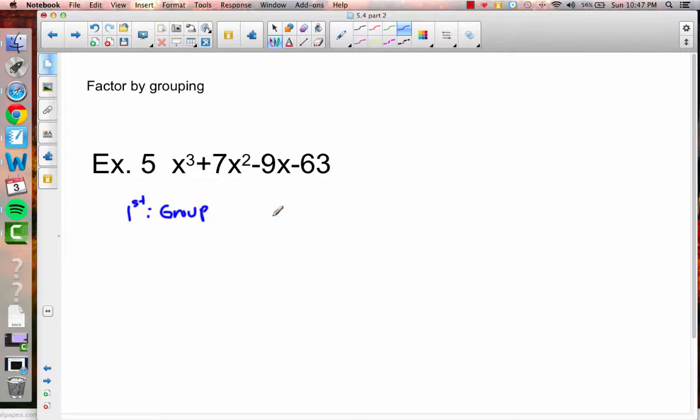We're going to have x cubed plus 7x squared in one set of parentheses. I just wrote the first two. And then I'm going to put a plus sign, and then I'm going to have negative 9x minus 63 altogether. Okay, so now I've got my two sets grouped.